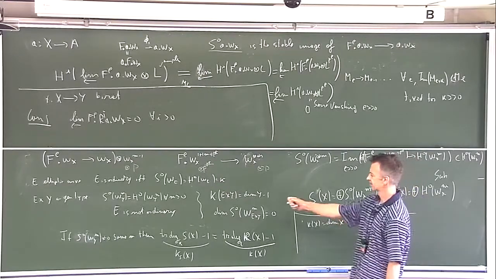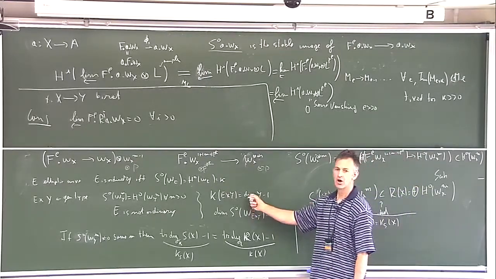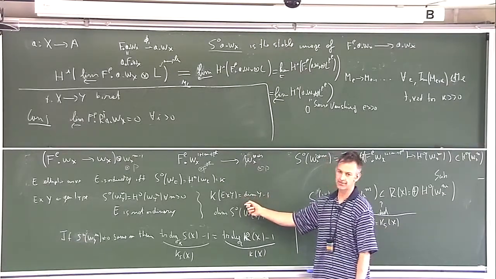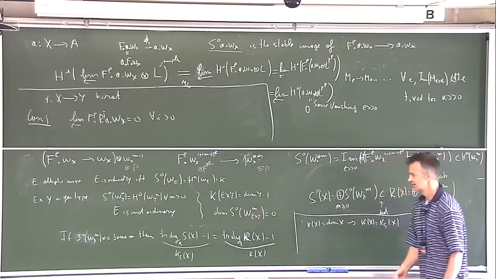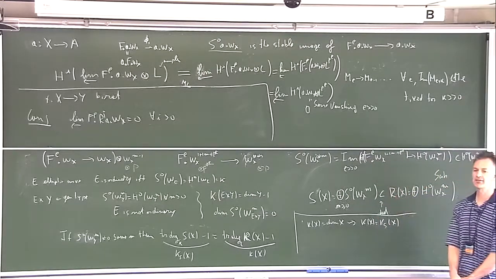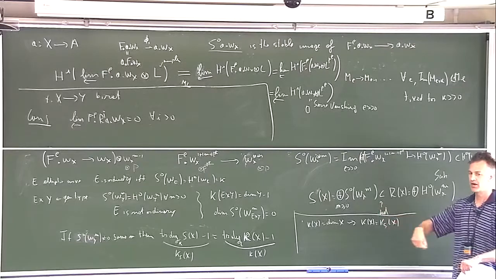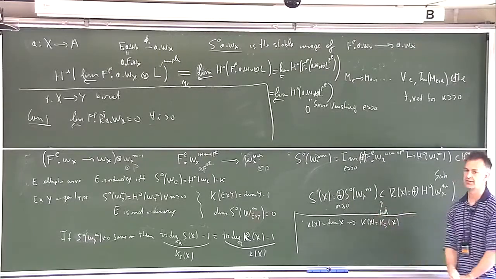So this bad example only happens when x is not of general type. I gave you something of Kodaira dimension n minus 1, for which these two numbers were not the same. But in most cases, general type, they are always the same.